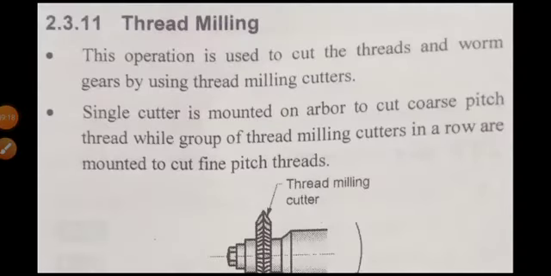Thread milling, in which this operation is used to cut threads and worm gears by using thread milling cutters. A single cutter is mounted on an arbor to cut coarse pitch thread wheels, while a group of thread milling cutters in a row are mounted to cut fine pitch threads.